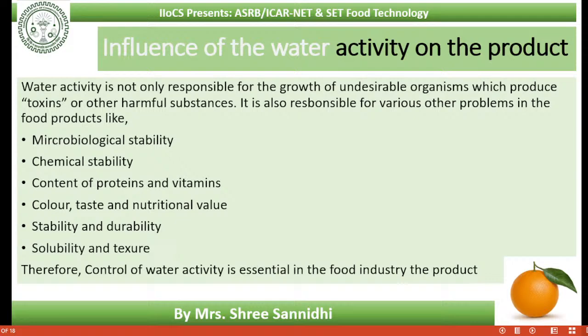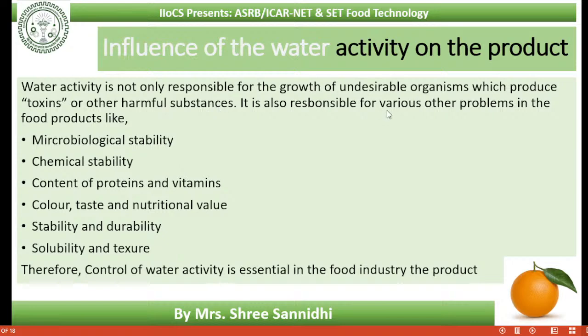The next topic is the influence of water activity on food products. Water activity is not only responsible for the growth of undesirable organisms which produce toxins or other harmful substances.